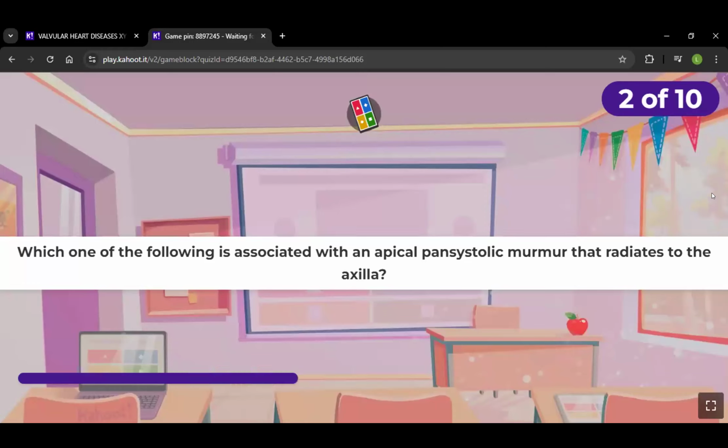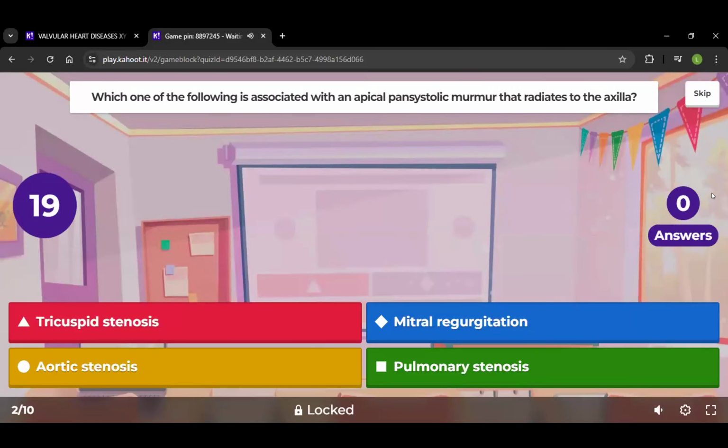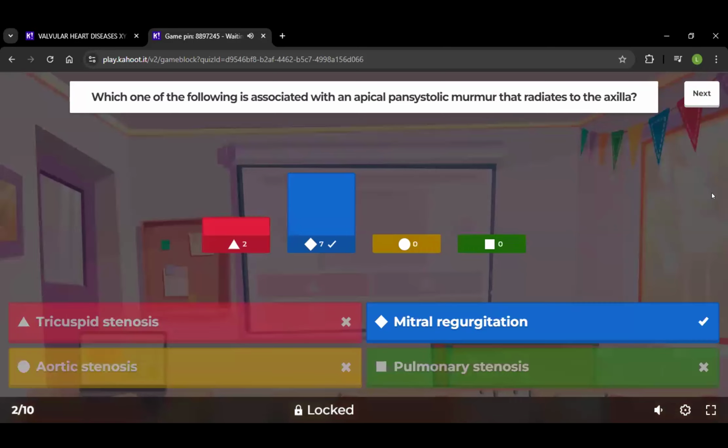The next question is up. Okay, so the answer is mitral regurgitation. 7 of us got it right.